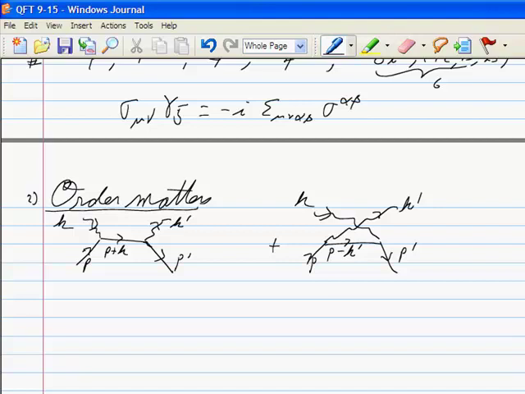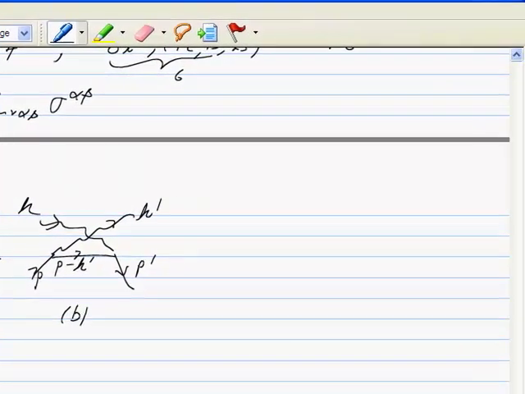Okay, so let's write out these amplitudes. Unfortunately our drawing and our writing go in reverse directions. So when you write, you start off on this side over here as the initial state, and you end up on the left as the final state. The picture goes the reverse way.